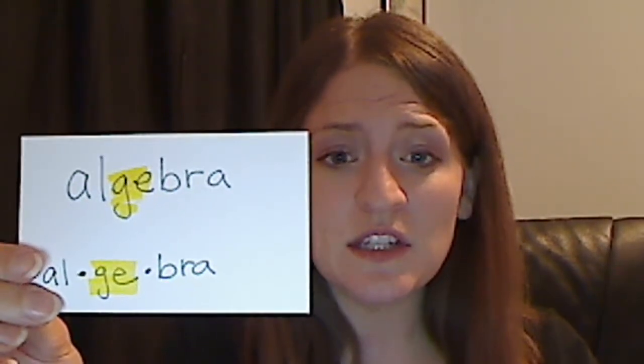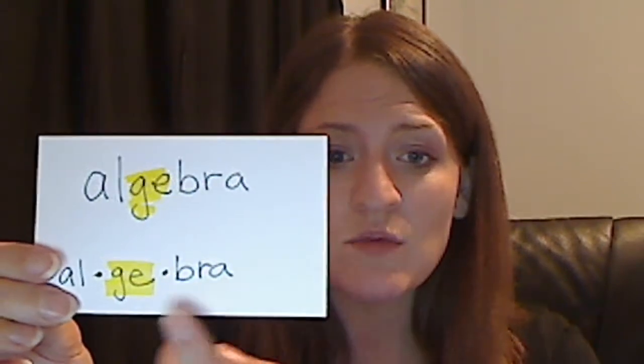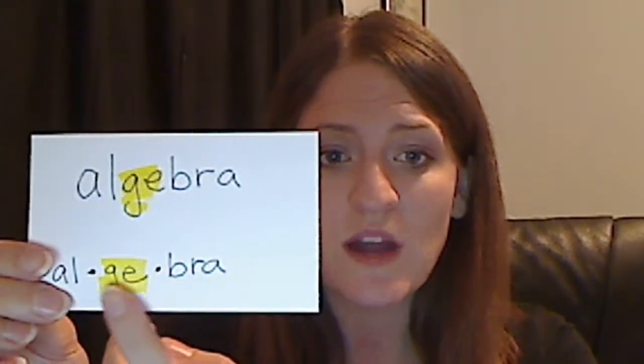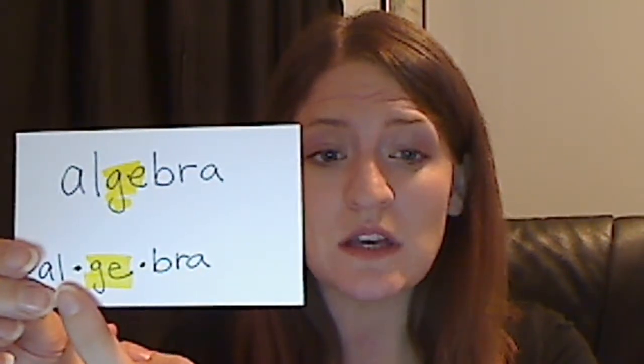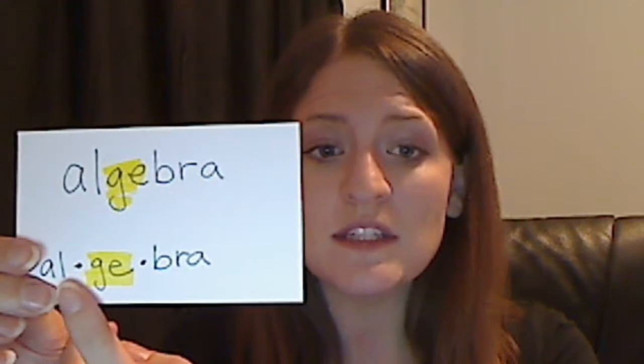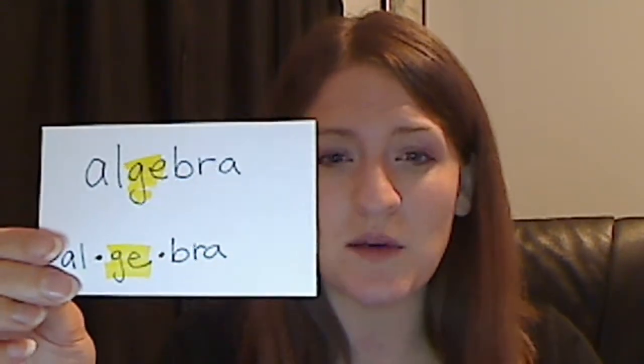Do this for each word that you have written on the index card. Make sure that you write it in syllables, and as you're writing it in syllables, make sure that you're saying it out loud to yourself. So for this one, I would say algebra, and there's 3 syllables in that word.